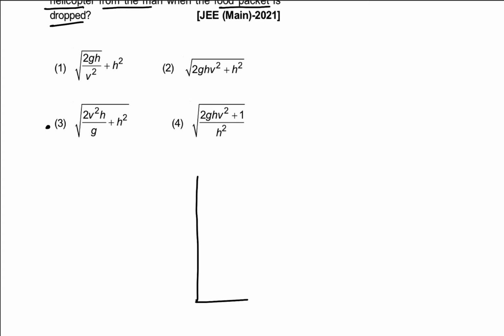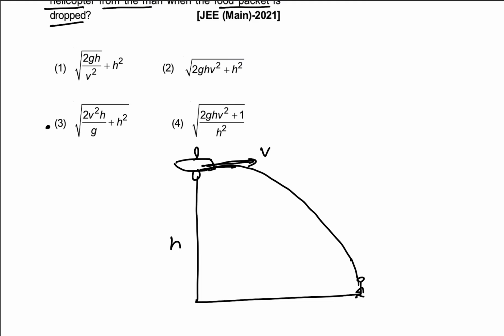Okay, now you assume that a man is standing here and there is a helicopter. When the food packet is dropped, let us consider v is given, height is given. Now the food packet is going in this kind of a path and finally reaching him. Now if you see whatever gap is there, this is the range.